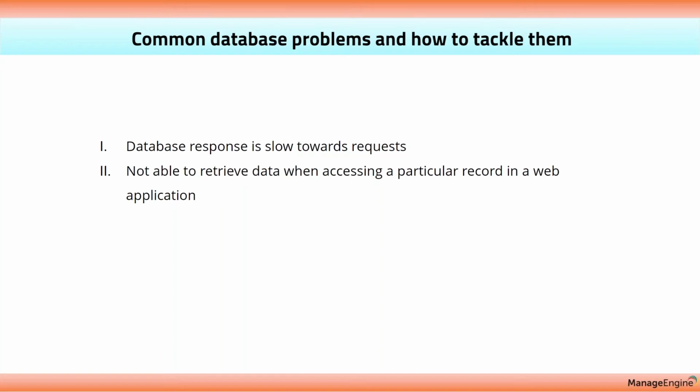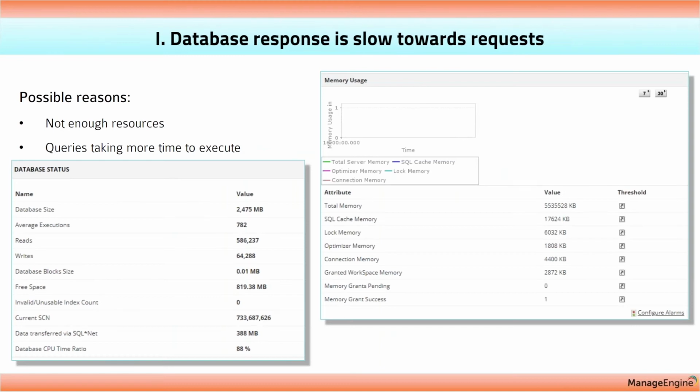A slow response from your DB server could be because of multiple reasons, and the primary reason would be not enough resources to handle the request, or the query taking more time to execute. Now let's see what metrics one can monitor to keep a tab on resources and queries.